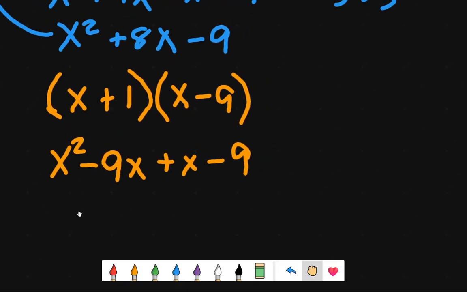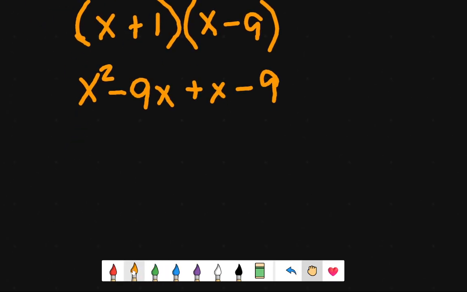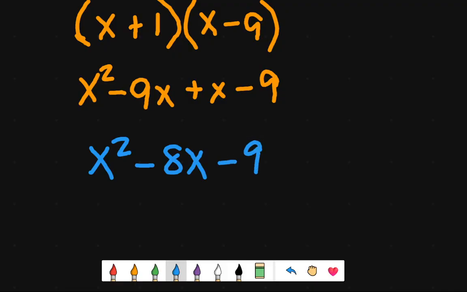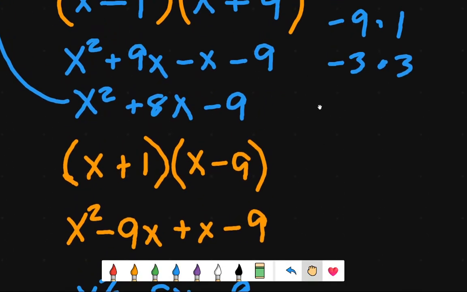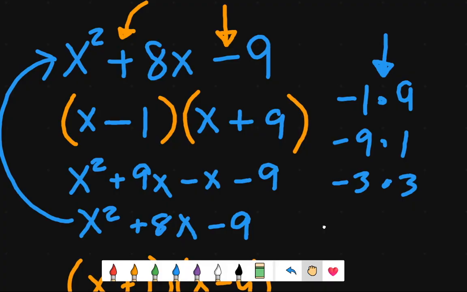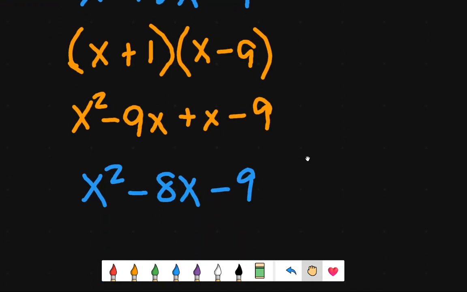All right, so what do we get? We have x squared, and a negative 9x plus 1x will give us a negative 8x. And then we have minus 9. Now let's go back and see, is that what we had in the original? No, we had a positive 8x in the original. We had x squared plus 8x minus 9.